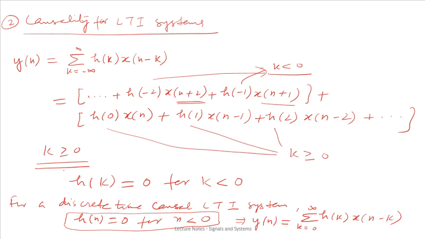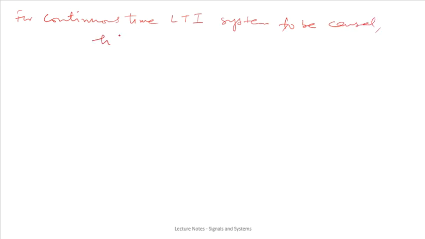And now similarly for a continuous time LTI system to be causal, h(t) equals 0 for t less than 0.